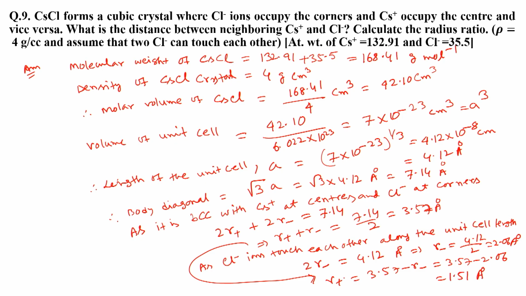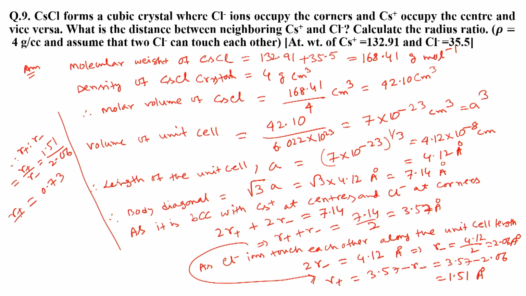So we got the values of R plus and R minus. So we have to take the ratio of them. Okay, therefore R plus by R minus is R plus is 1.51 and R minus is 2.06. So if we calculate this, we get 0.73.